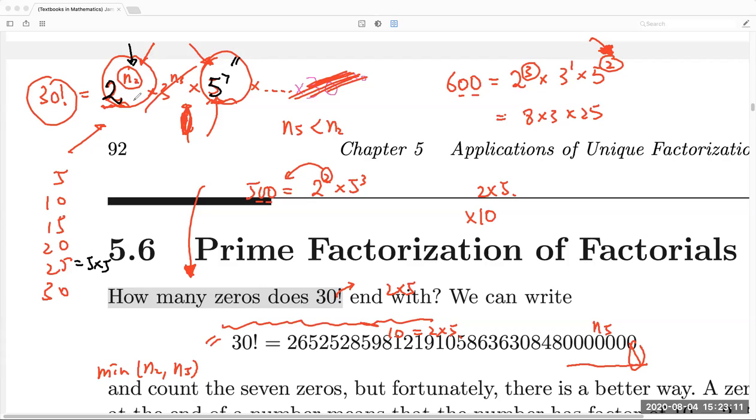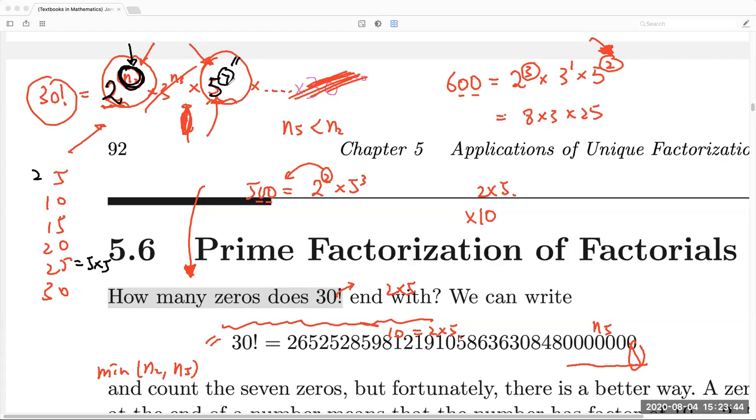But obviously, if the question is like that, this order should always be greater than this order because there are more factors of 2 in between 1 to 30. Okay? So we don't need to find this number to check the answer. But let's go back to find this number later on.